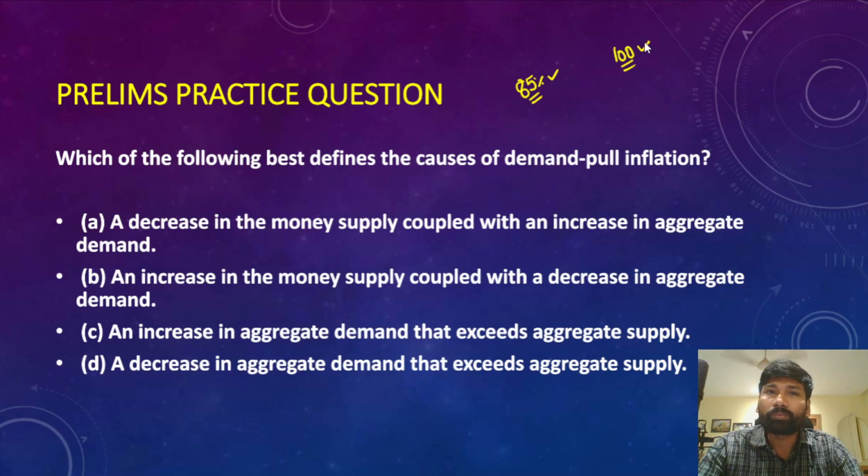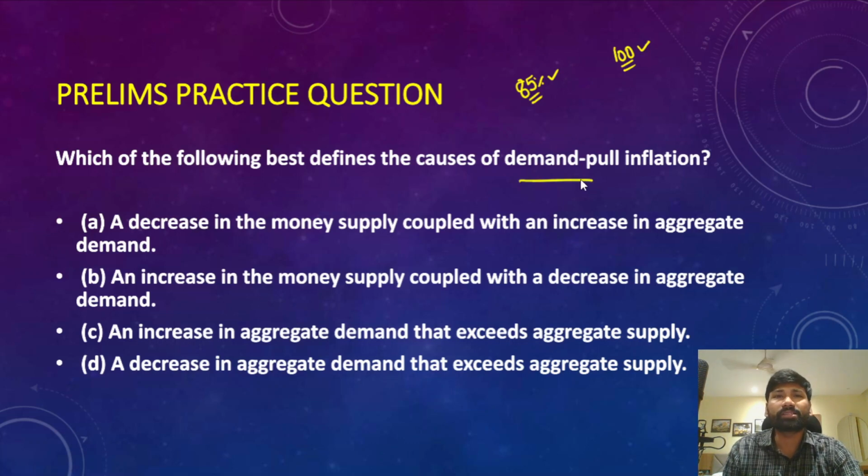So people have more money and they start purchasing the same amount of goods. That increases the prices because of the increased disposable income and increased purchasing power of the people. That increases the demand for limited availability of goods. So that is known as demand pull inflation.